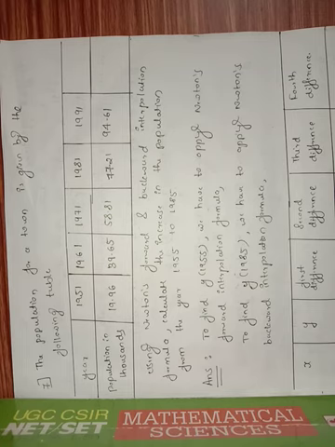The population for a town is given by the following table. The given data is the year and the population in thousands. The years are 1951, 1961, 1971, 1981, 1991.